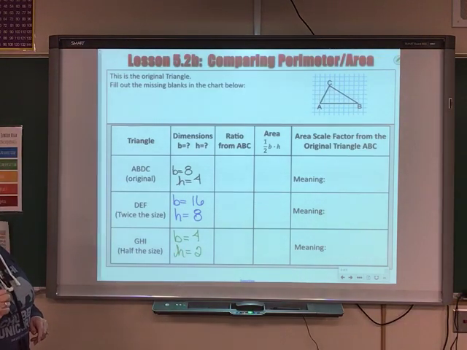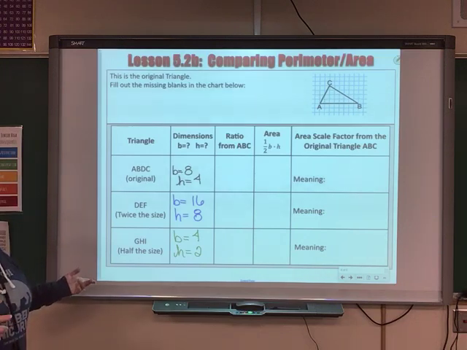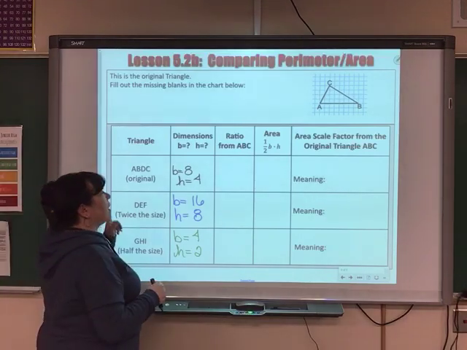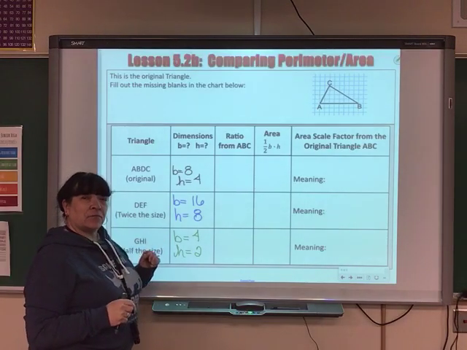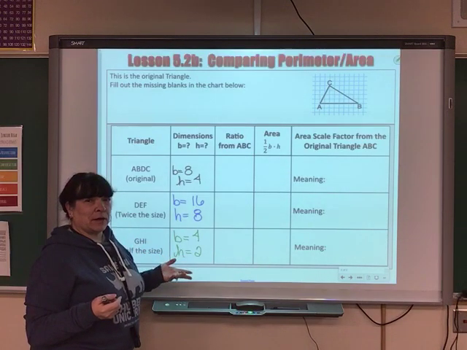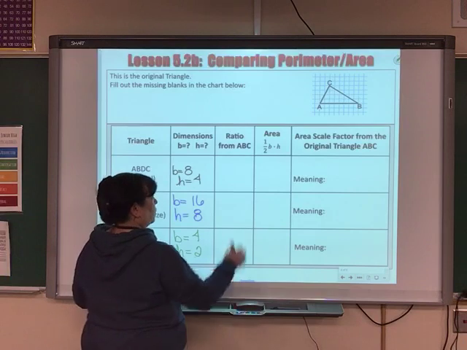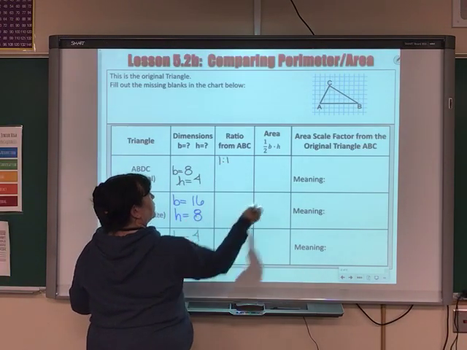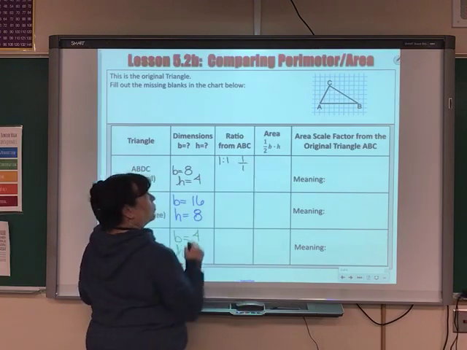Now when we look at these, the ratio from ABC, we might as well write it as a regular ratio, we could write it as a 1-to-1 relationship. Or we could put it as 1-to-1.